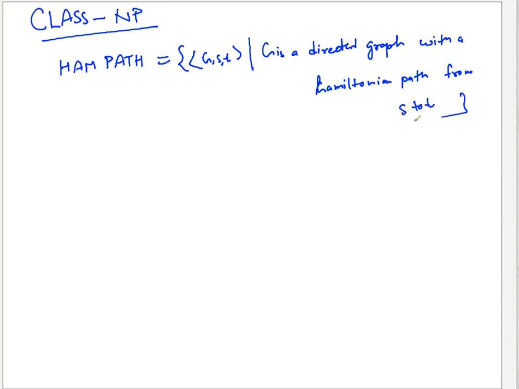So G is a directed graph. You have to check whether there is a Hamiltonian path from S to T. What is a Hamiltonian path? Can you tell me what a Hamiltonian path in a graph is? Just anyone, unmute yourself and speak up.